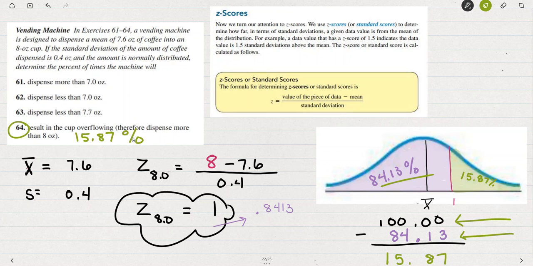I hope that the next time you use a hot beverage vending machine, you don't get an overflowing cup and you don't get an underfilled cup. But this is an interesting example that helps us understand how often those different problems could occur.